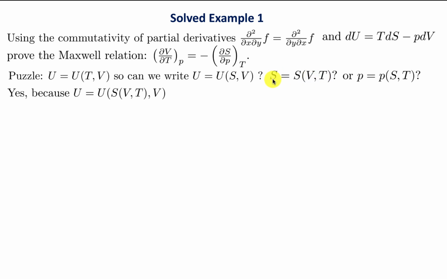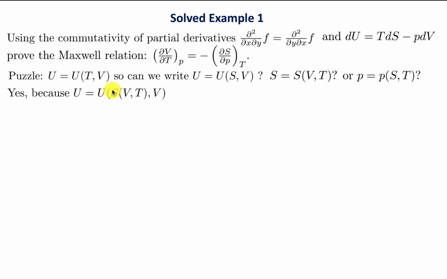And so certainly S is a function of volume and temperature. And so the temperature can be expressed in terms of S and V. Therefore, you can write this U over here as a function of S and V. Now the dependence of U upon temperature is certainly there, but it is through S.